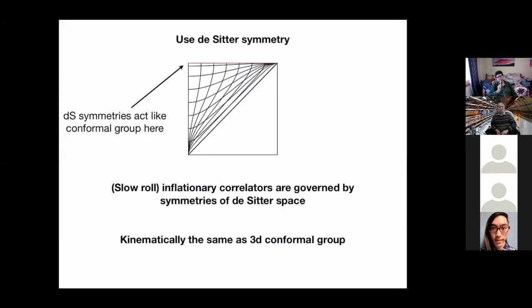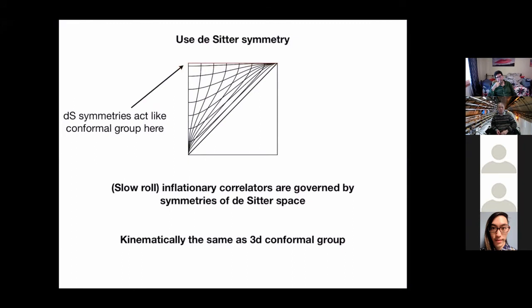So just as a very quick review, remember that in de Sitter space, the de Sitter group is basically the same as the group of conformal symmetries on a one-dimensional lower Euclidean space.